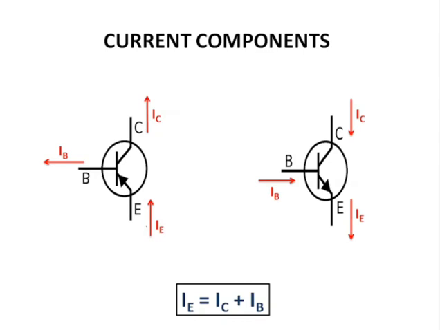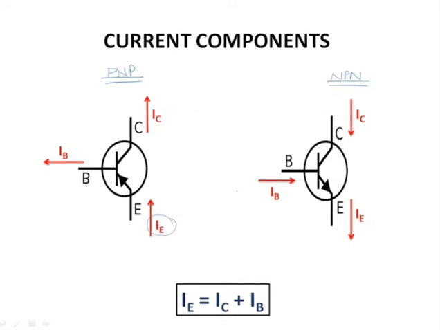What are the current components? Let me just show. This is PNP and this is NPN type of transistor. Like I told you, this arrow shows the direction of current, and in PNP type, emitter current is being divided into base and collector.